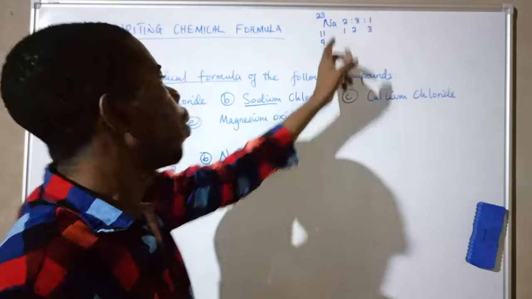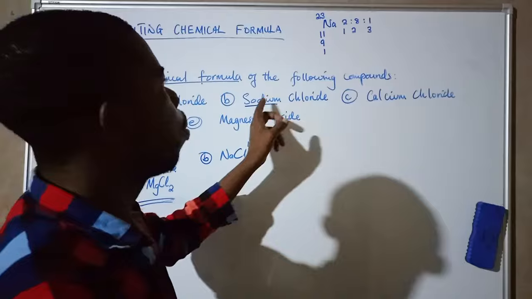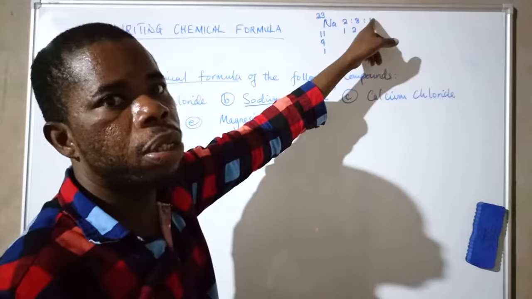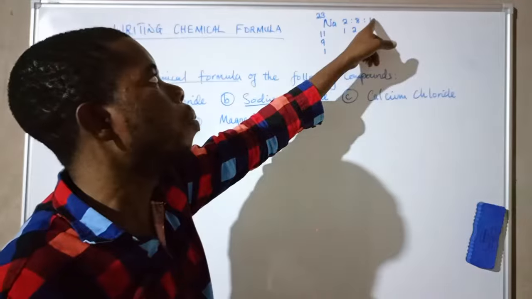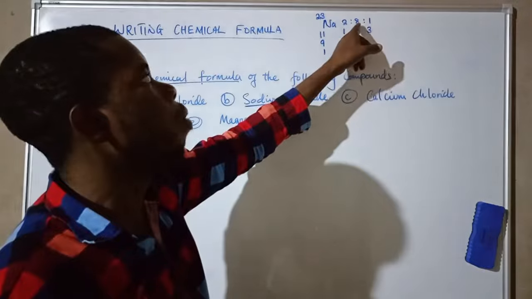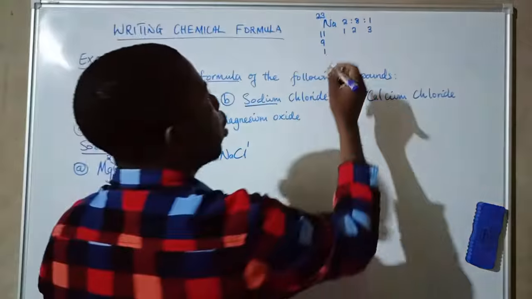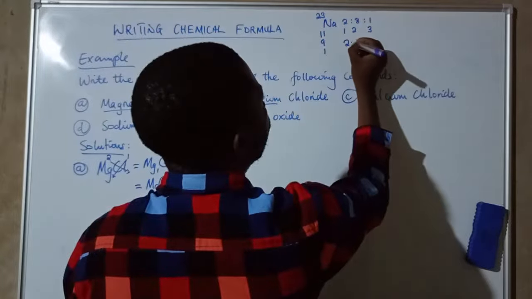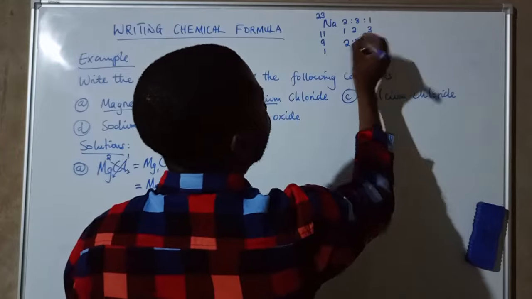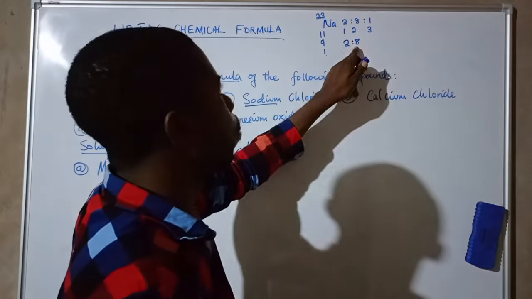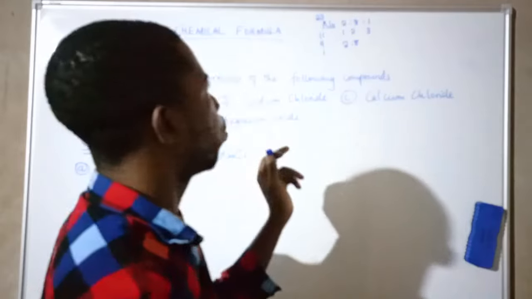So when sodium reacts with chlorine to form sodium chloride, sodium always loses that one because the last shell is not stable, it must lose, so that we remain with this shell which is stable. So it will lose this electron, so that now sodium will be 2, 8. Okay? So now that way sodium is stable, so that electron has been lost.